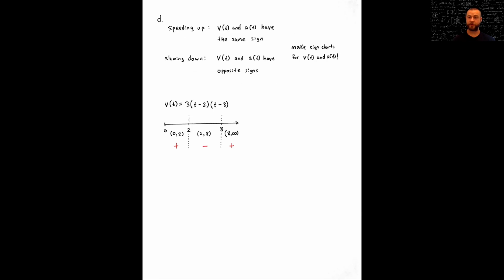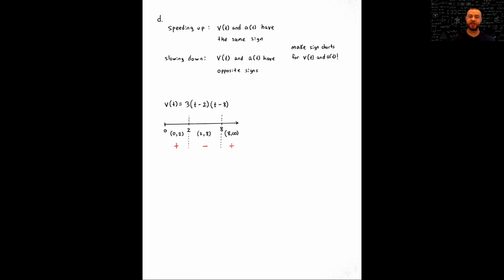All right, so I'm just rewriting our sign chart that we created in part C for the velocity. And we're going to make a similar sign chart for the acceleration. Now, I'd like you to try this. Give yourself maybe 2 minutes. Refer back to part A when you had a factored acceleration function.